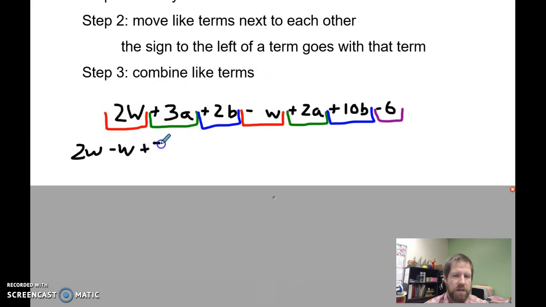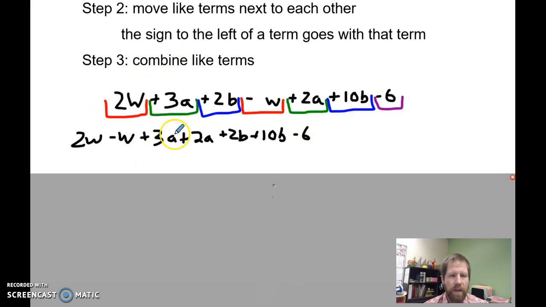So now I've got a plus 3 apples, and I added another 2 apples. I'm done with the apples, done with the green. I had a plus 2 bananas, and I added 10 bananas, and then I have a minus $6 or whatever.